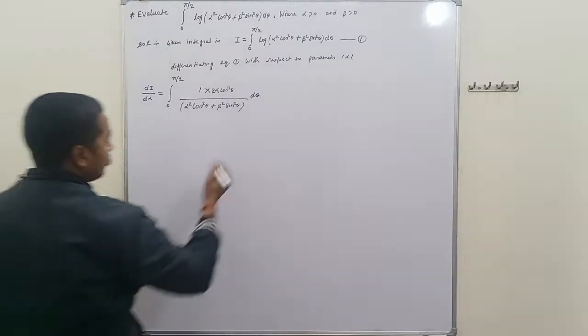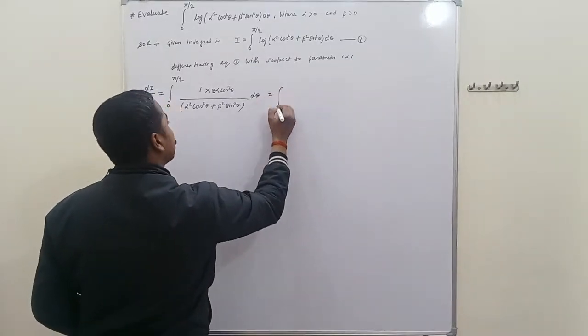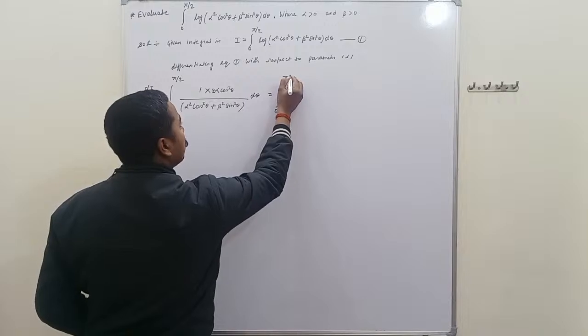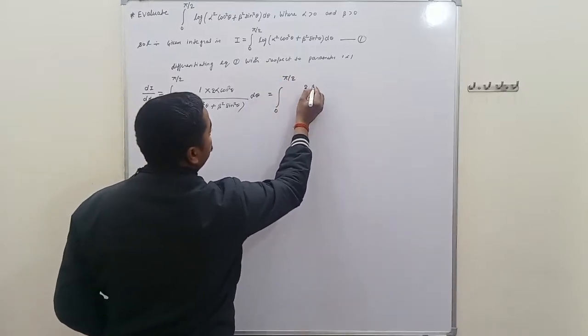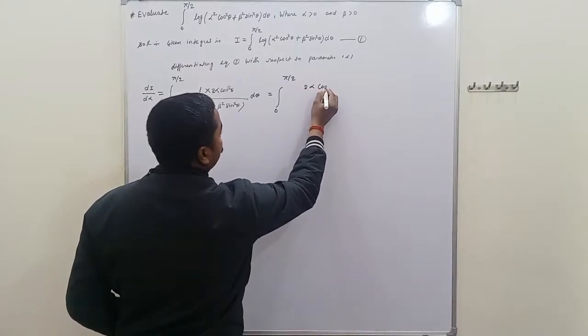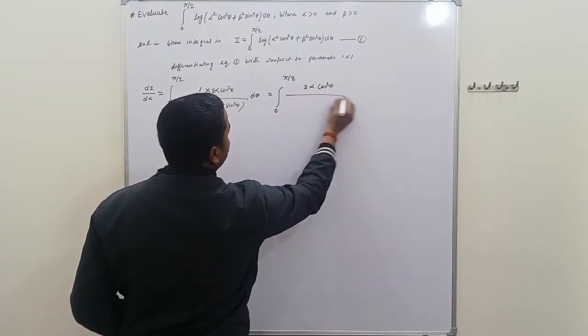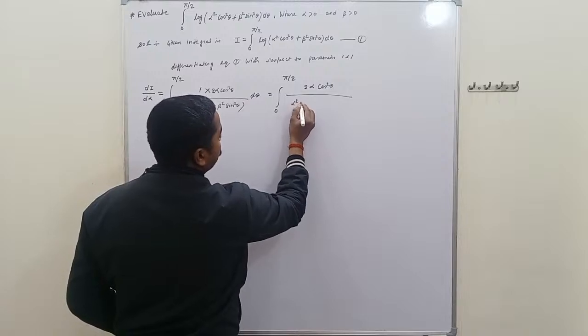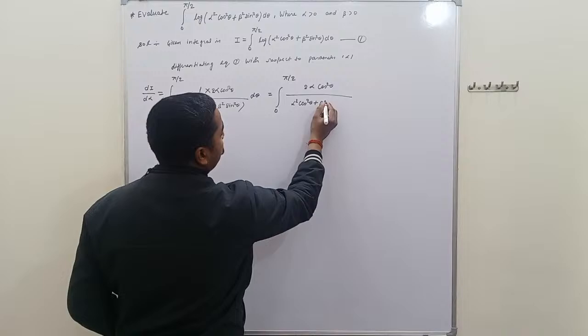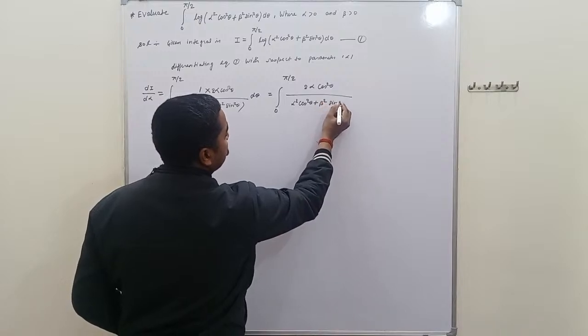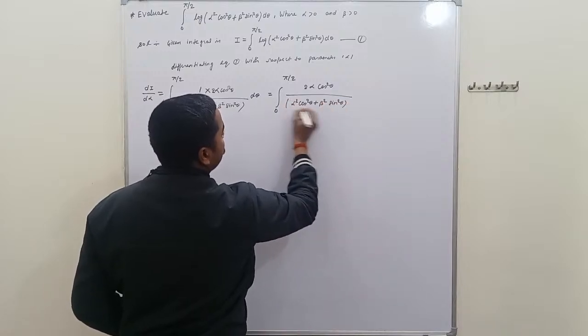Further, we can also write that is 0 to pi by 2, and this is 2 alpha cos square theta upon alpha square cos square theta plus beta square sin square theta, and this is d theta.